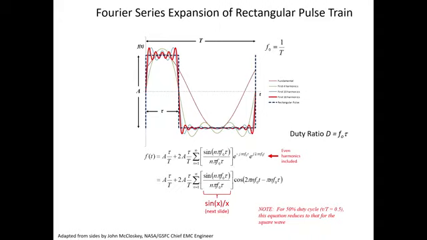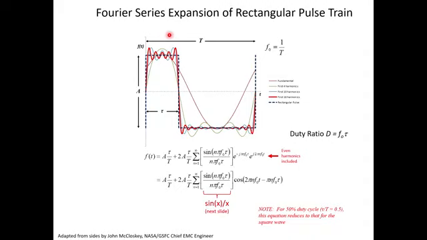He put together a really nice presentation on this. So this shows a square wave or a rectangle wave of duty ratio D. And here are the individual harmonic terms, and as I add more and more harmonics, you get a square wave. That makes sense to everybody?